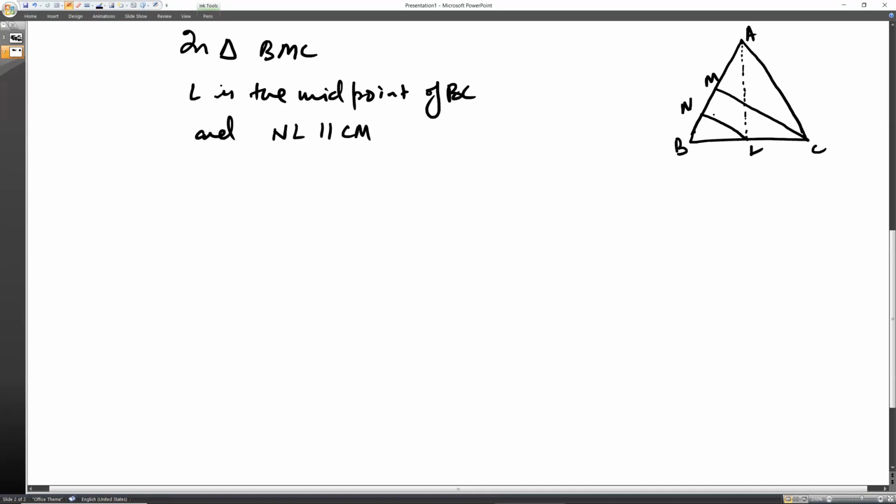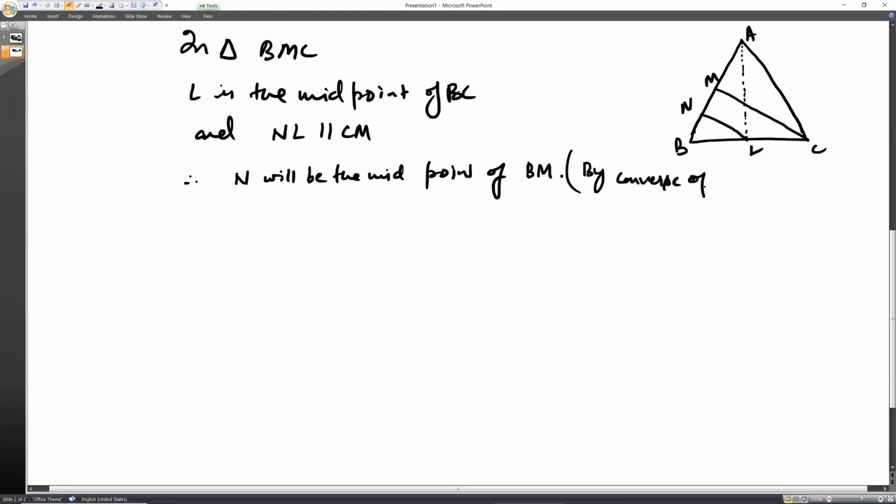It is also given that this side is parallel to this side. So if it is a midpoint and this side is parallel to this side, N will be the midpoint of BM by the converse of the midpoint theorem.